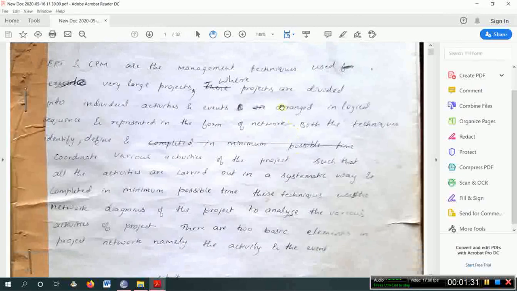So these are the management techniques used to estimate the time. A project is divided into different departments. For example, in a bike manufacturing industry, first a market survey has to be made: what is the requirement of the customer?